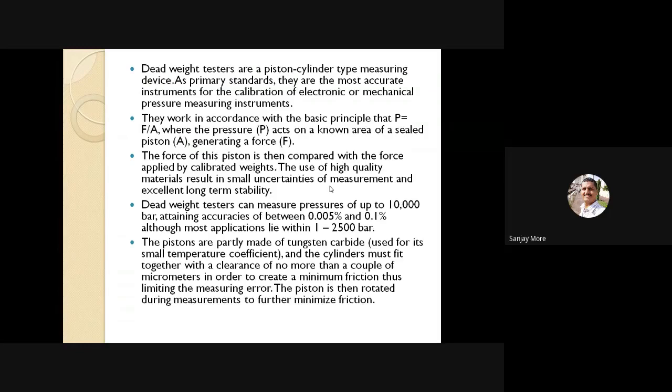We'll stop and explain. The force of this piston is then compared with the force applied by calibrated weights.